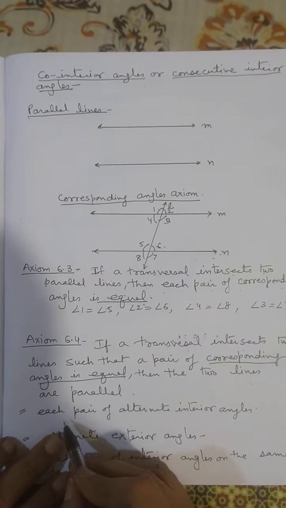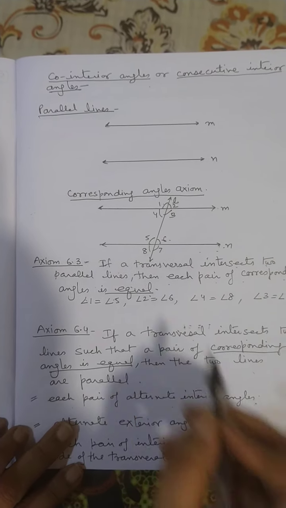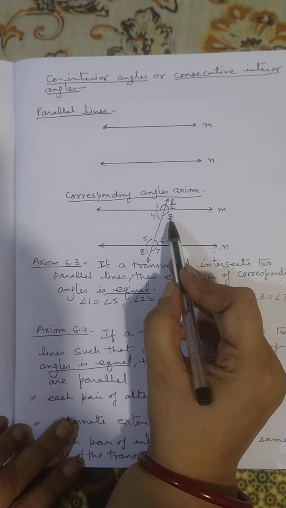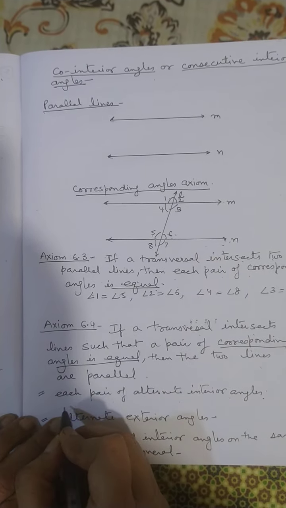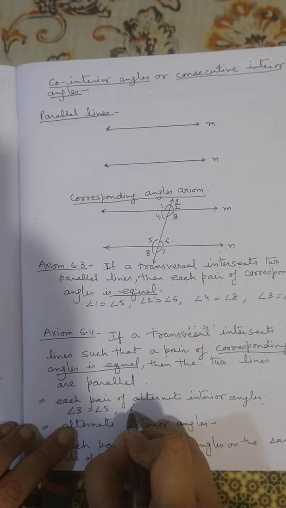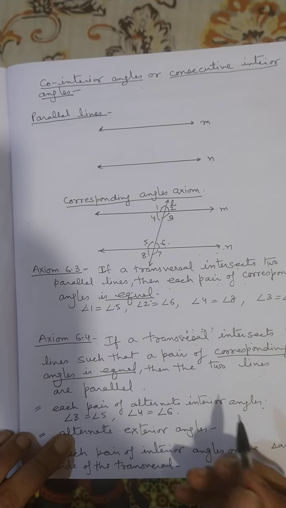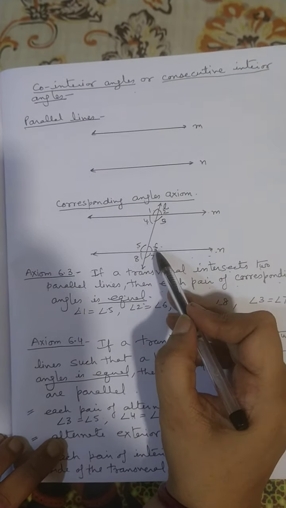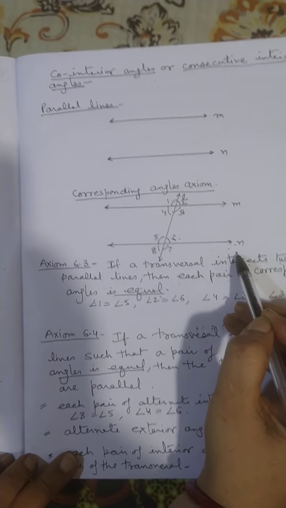Now when the lines are parallel, the different pairs of angles are also equal. Like each pair of alternate interior angles. So the alternate interior angles here are 3, 5, 4, 6. So angle 3 equals angle 5 and angle 4 equals angle 6. That is, alternate interior angles are equal when the lines are parallel.